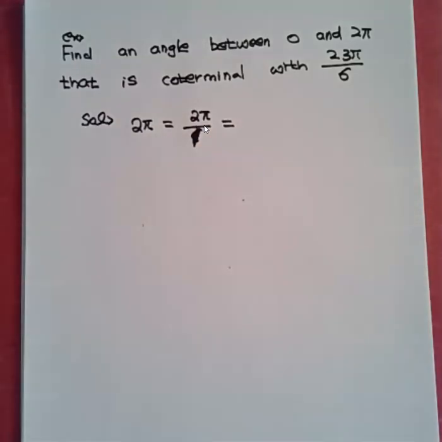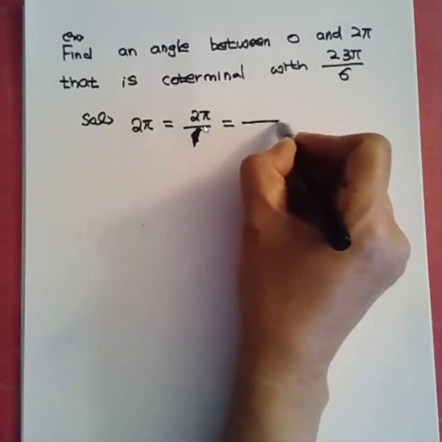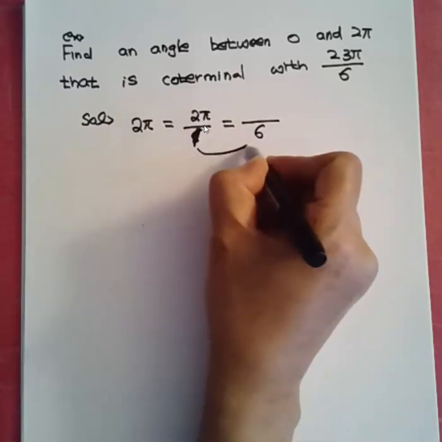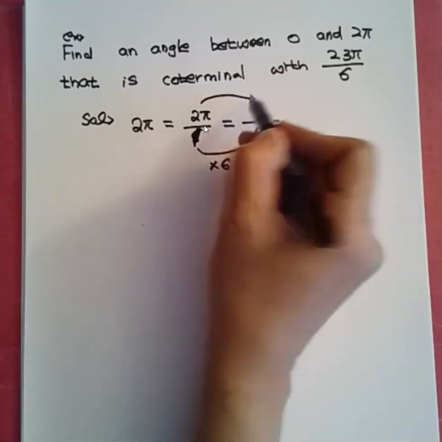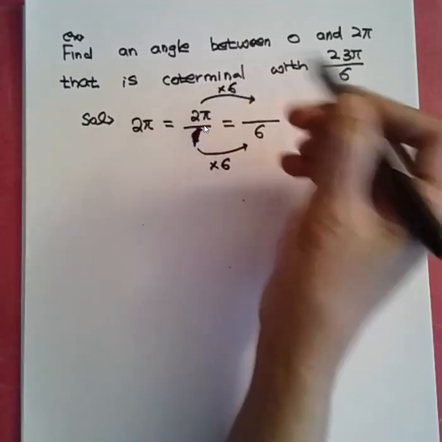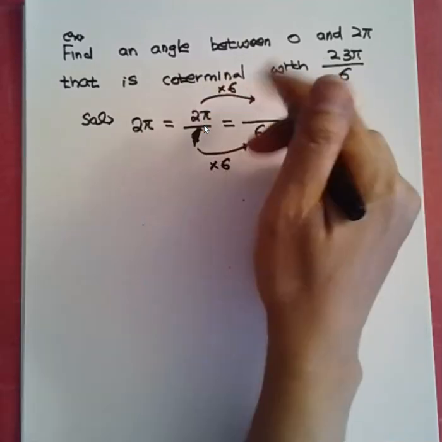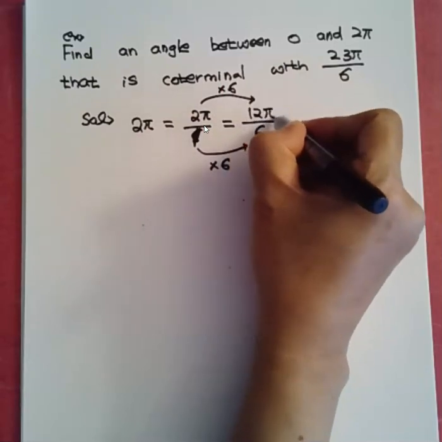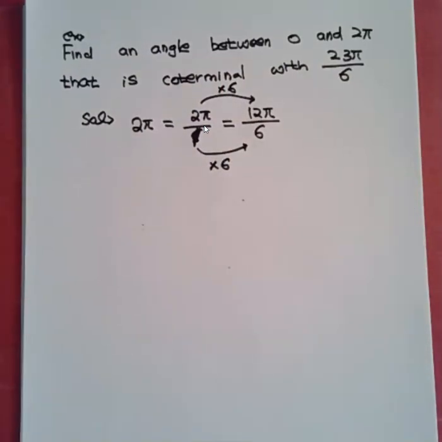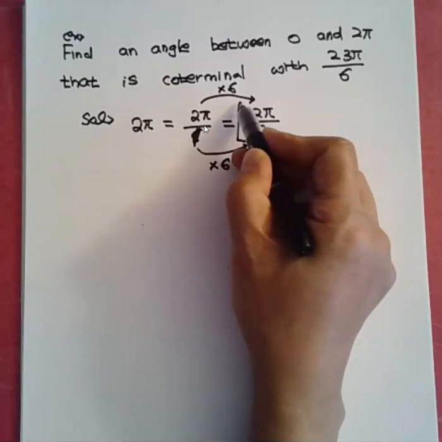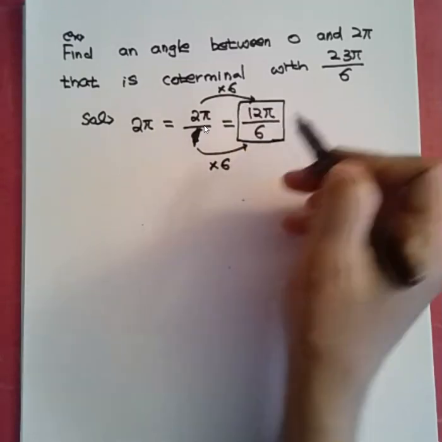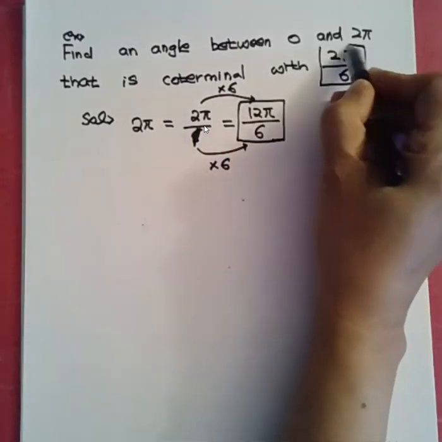So let's write 2 pi as 2 pi over 1. We want to make the denominator 6, so we multiply by 6 on the denominator and 6 on the numerator. Then 2 times 6 makes 12 pi over 6.